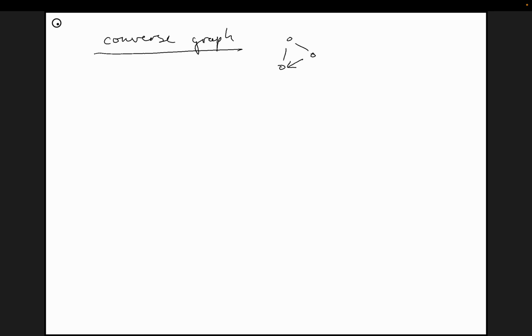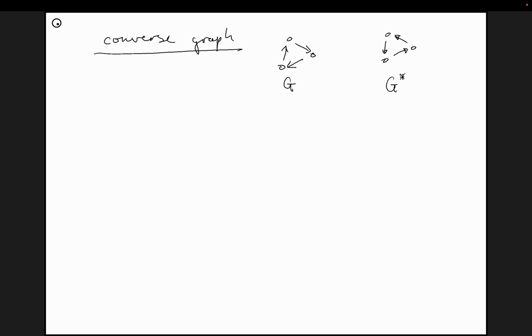I have one directed edge, or let's say every edge is directed, and this is G, and I denote by G star the converse graph. And how do I get the converse graph? Well, guess what? I just flip the directions.